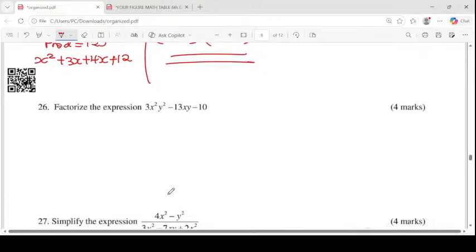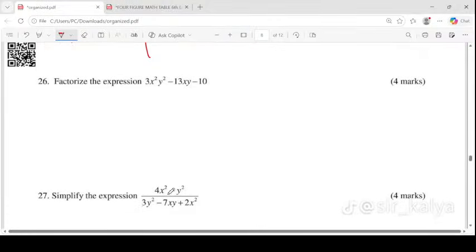Question number 26. Let us have a look at question number 26, ladies and gentlemen. Factorize the expression 3x squared y squared minus 13xy minus 10.